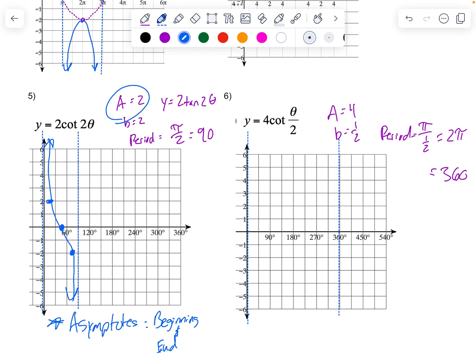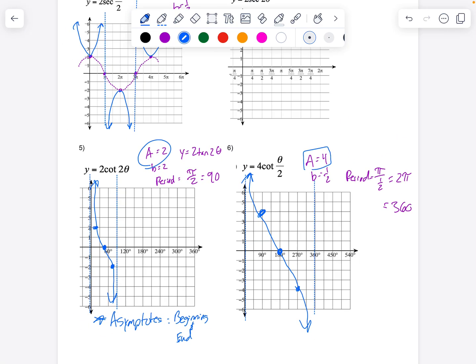Find your middle point, which is 180, which is half of 360. And then between there, 270, it's going to be 4, and then 4. Again, that's because that's your amplitude. Okay, something like that, a little sketch.